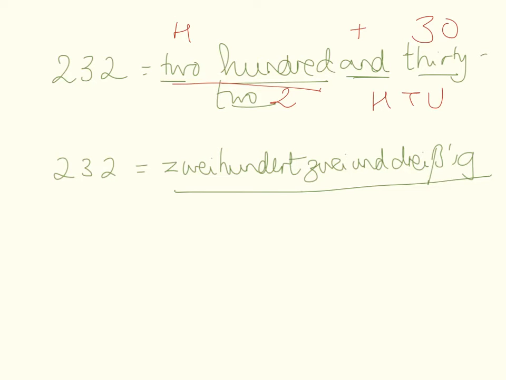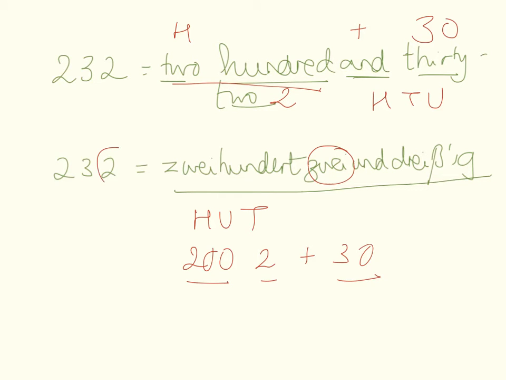In German, it's going to be the hundreds, 200, then it's the units. The units are here, okay? So 200, 2, then we put the und in, 30, okay? And that's literally how we say it, 232. So we actually say the units in the middle before our und.